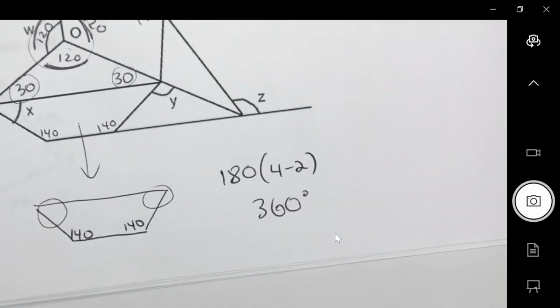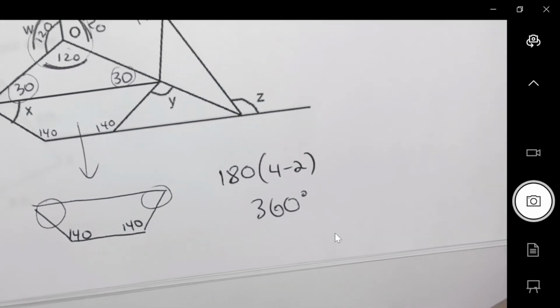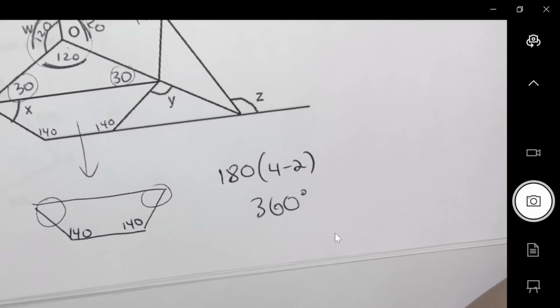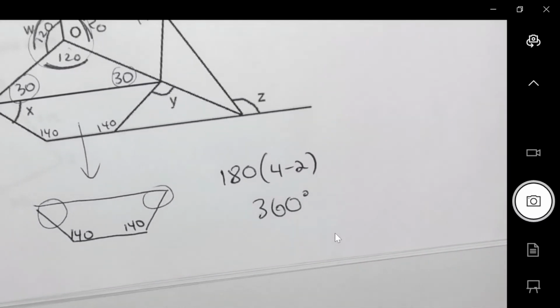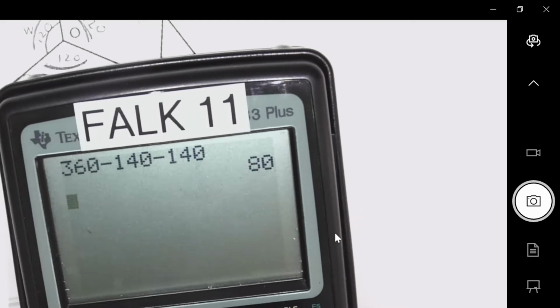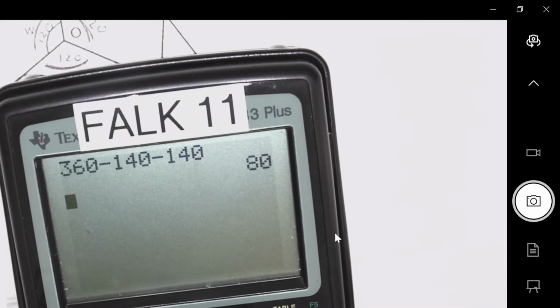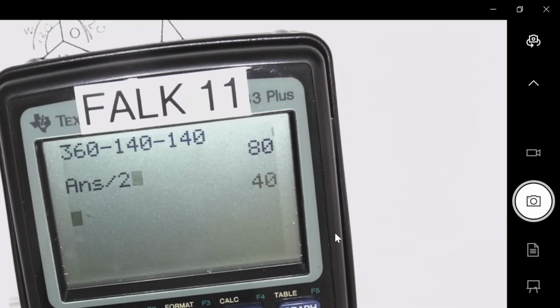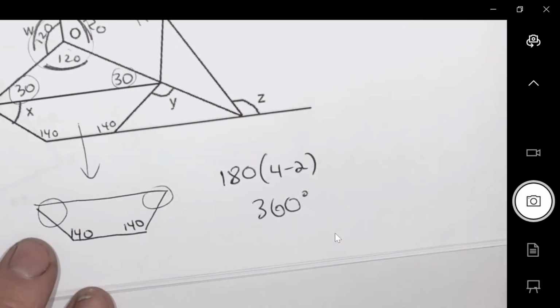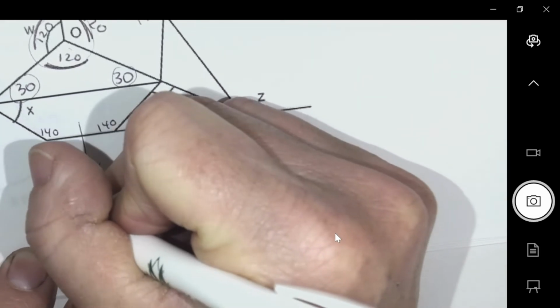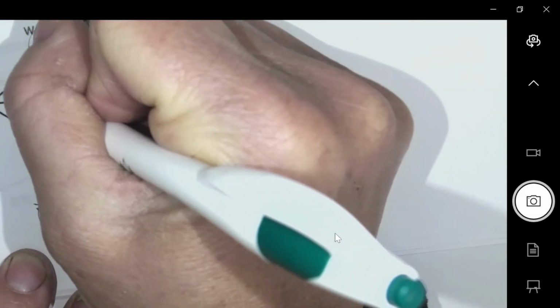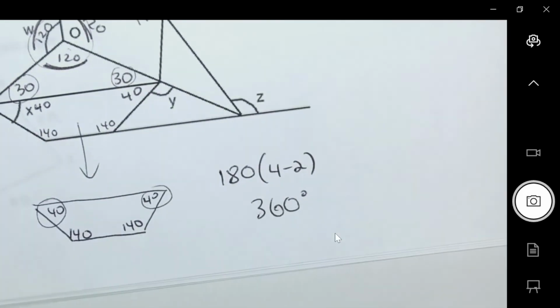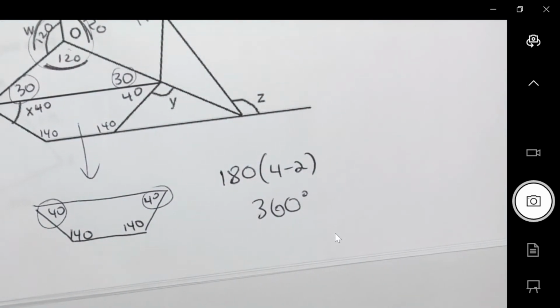And those angles will be the same. So 360 minus the 140, 140 leaves me with 80. And then I have to cut it in two. So each one is 40. Okay, so we've already found x.